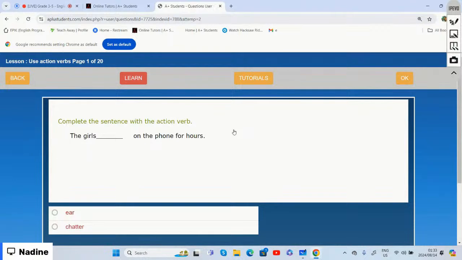It says the girls, do we say the girls ear on the phone for hours or the girls chatter on the phone for hours? Option one or option two?